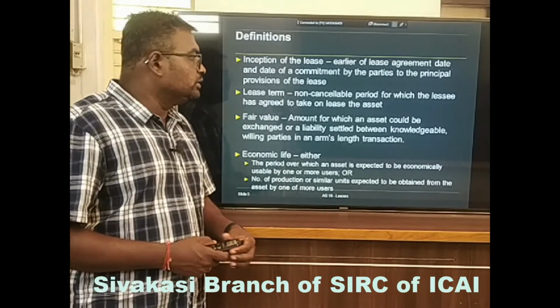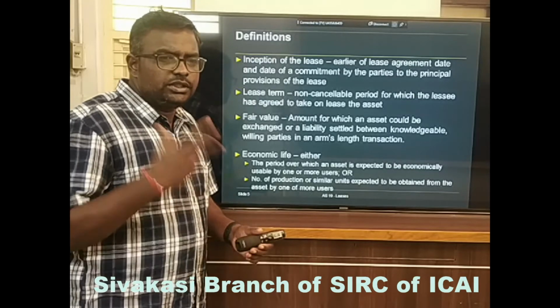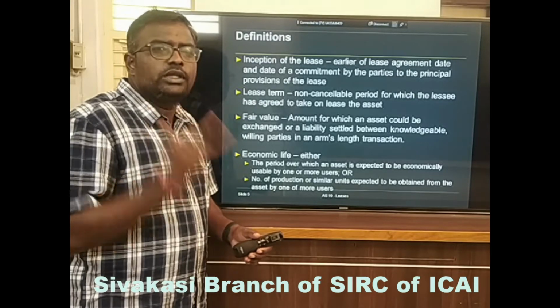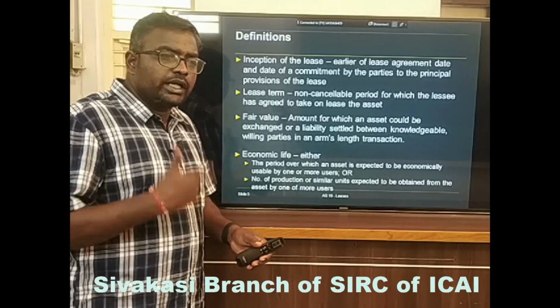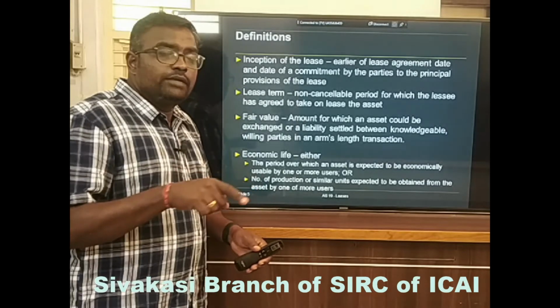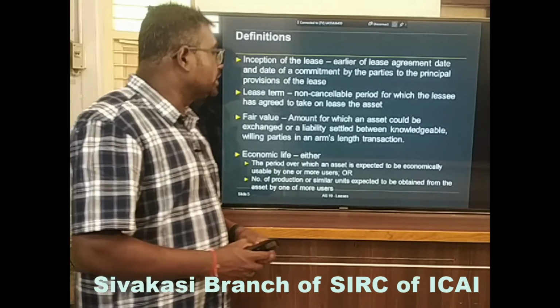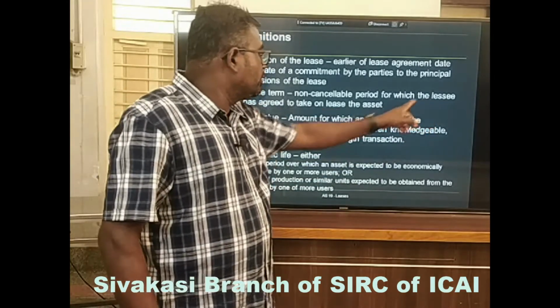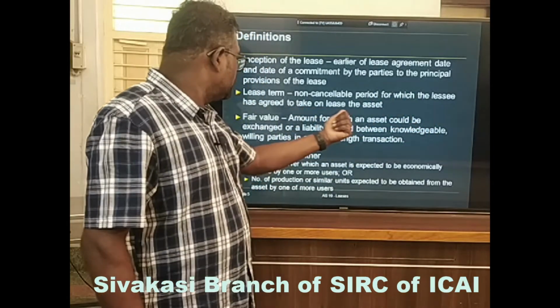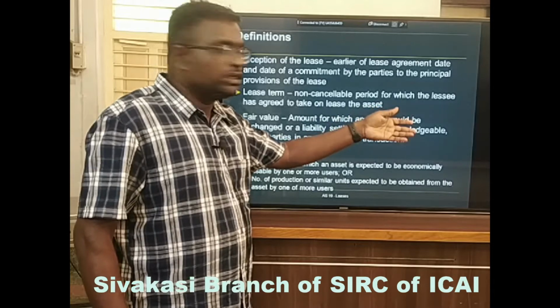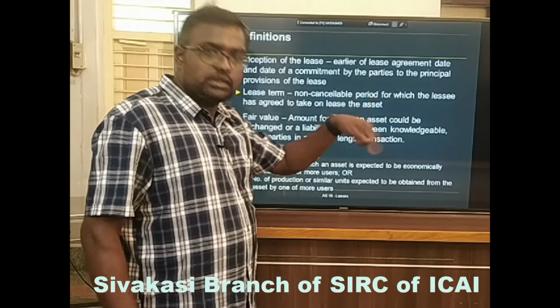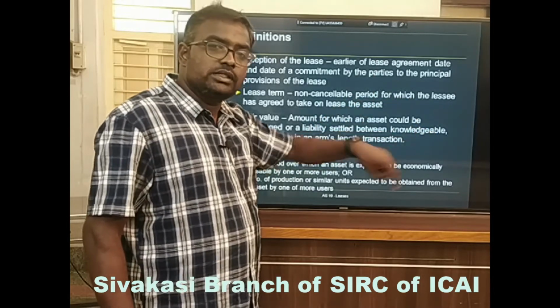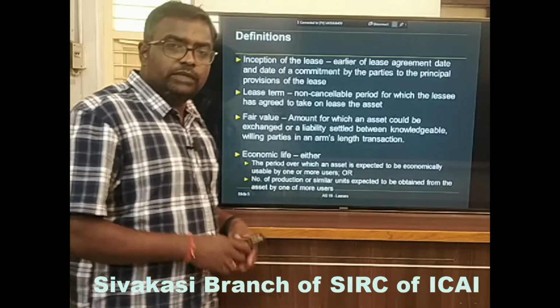So lease term means the non-cancelable period, plus, please be careful, any period for which the lessee has agreed to take the asset on lease. If you read the standard, one more: plus a further period if the lessee has a right to renew it. Management will know.